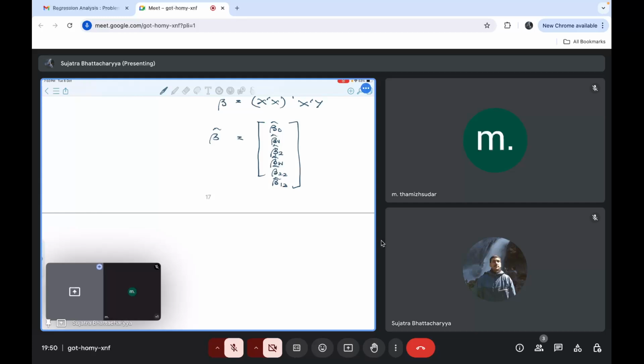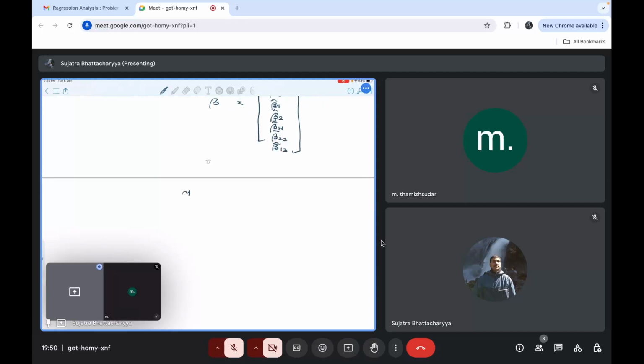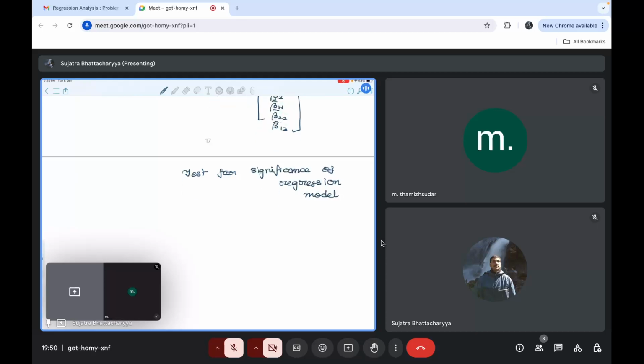And if you have to do the significance test for the significance of the entire regression model, you don't need to use the extra sum of squares because it is not partial.